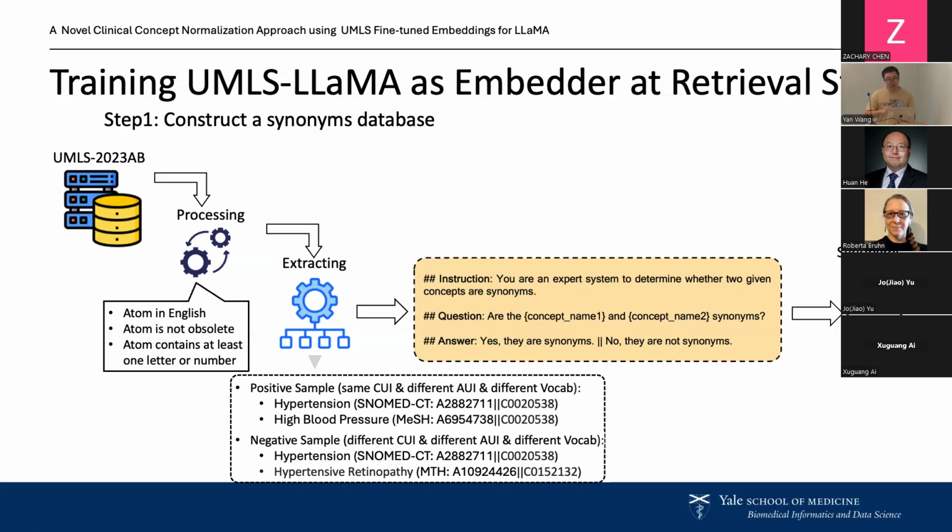For the negative, I just use one of the concept names in the positive one to retrieve several negative concepts. The negative concept is actually a different concept ID, and it actually is from a different source vocabulary.